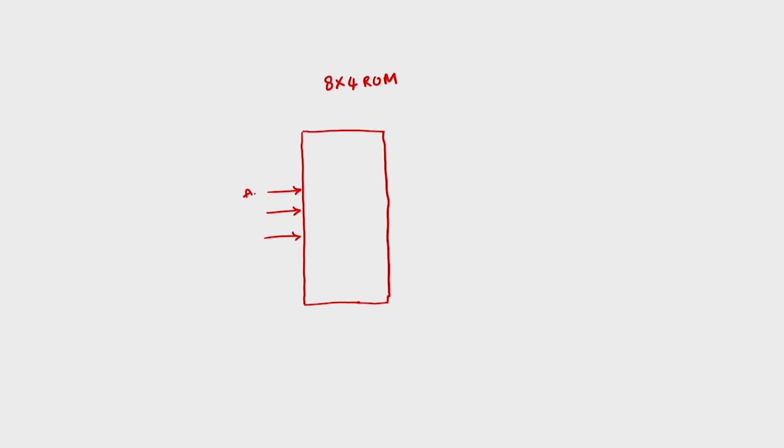So, the address A is A2, A1, A0. A0 is the LSB, A2 is the MSB. There are 8 outputs Y0, Y1, Y2, Y3, Y4, Y5, Y6, Y7.